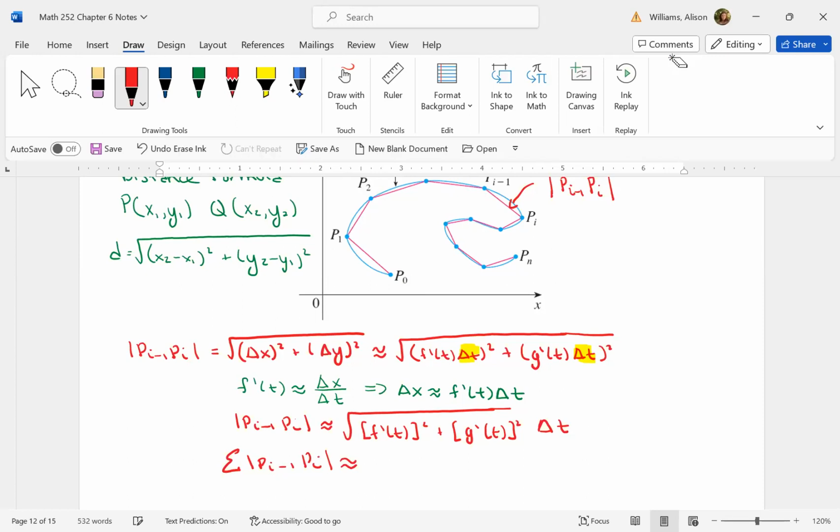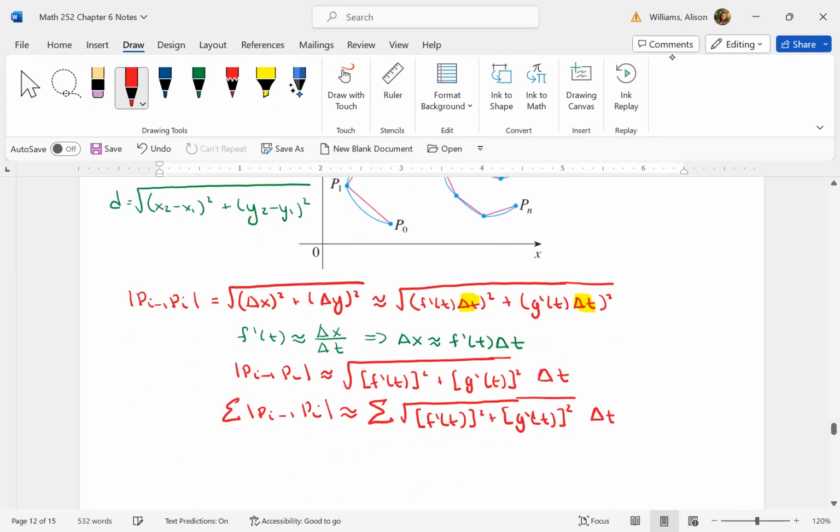Sad little sigma. Wow, I'm just struggling with sigma right now. Here we go. So I'm adding them all up, the square root of f prime of t squared plus g prime of t squared, delta t. And then I'm going to take the limit.